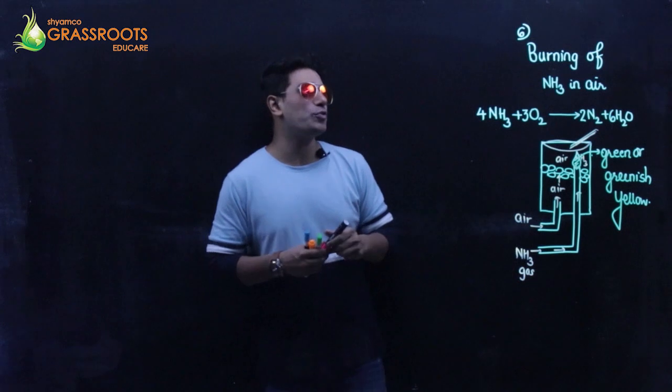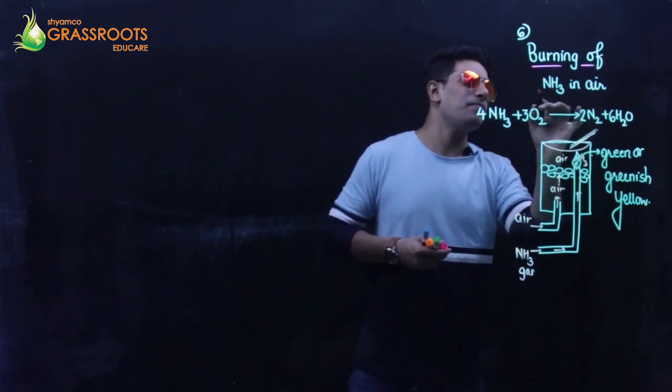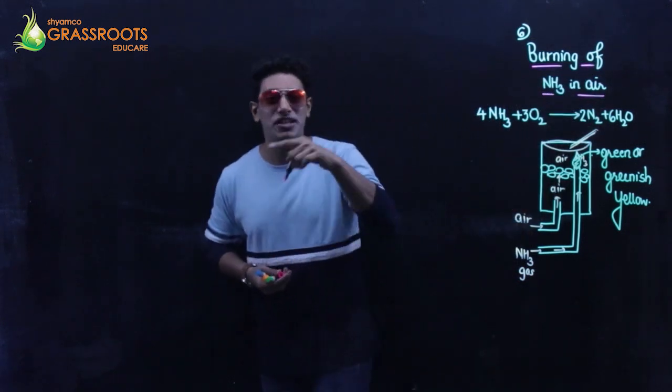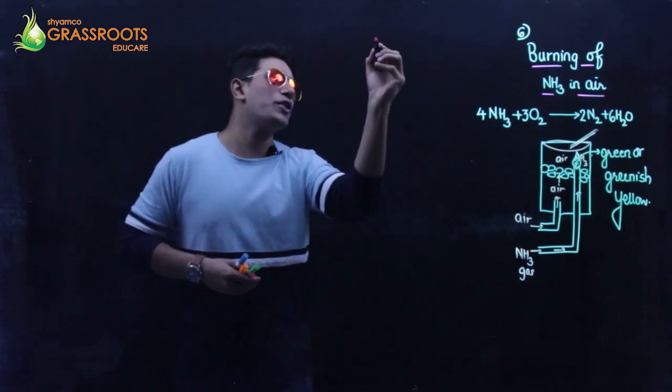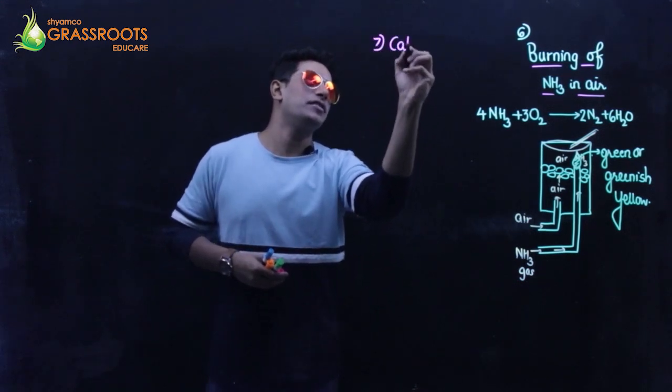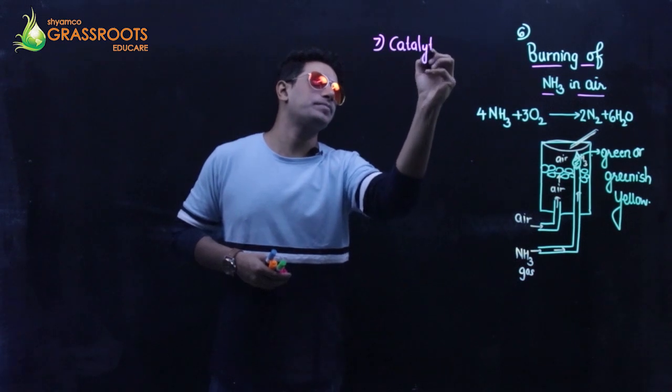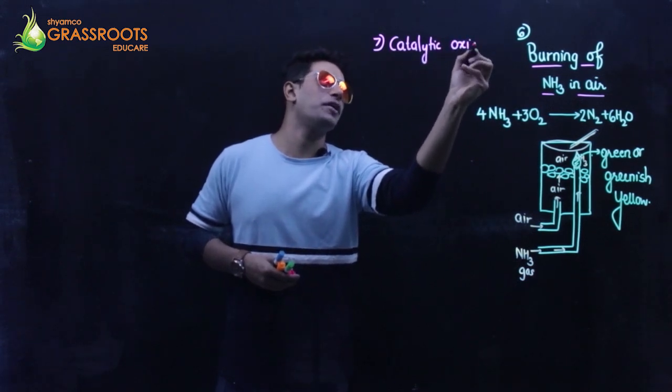The second reaction which we'll be talking about is the same burning of ammonia but in the presence of a catalyst. So we call this the catalytic oxidation of ammonia.